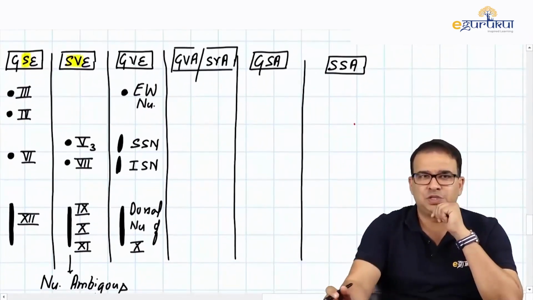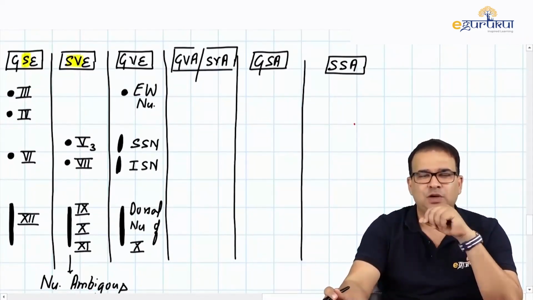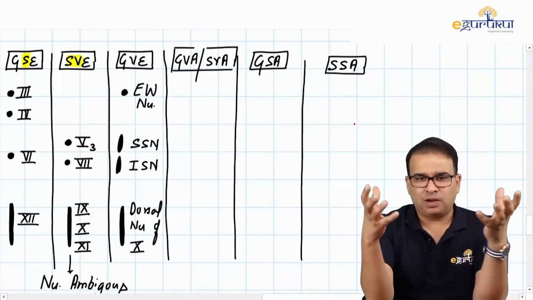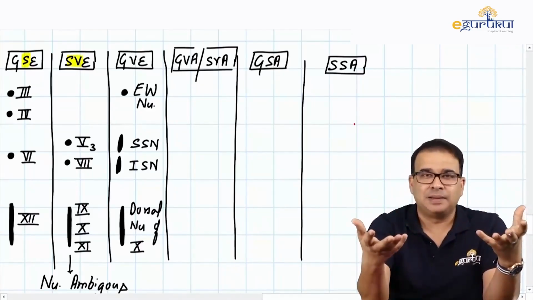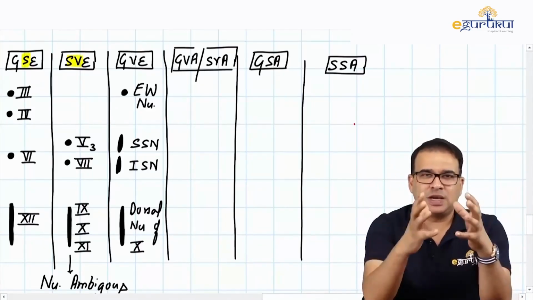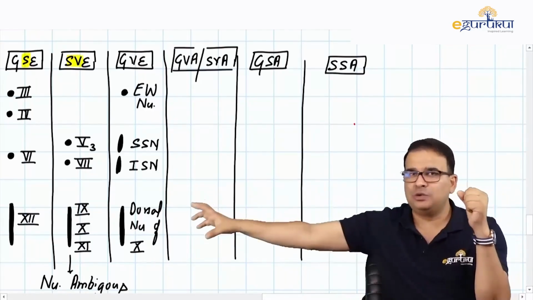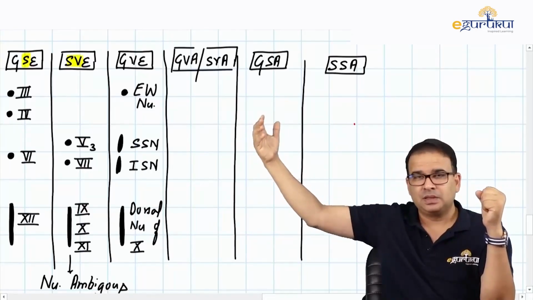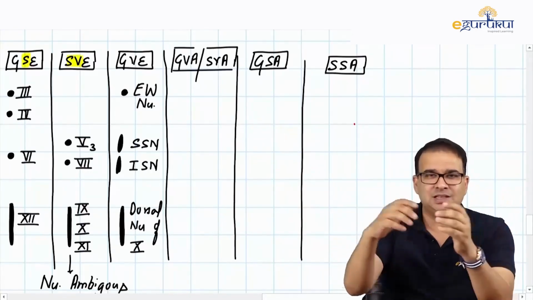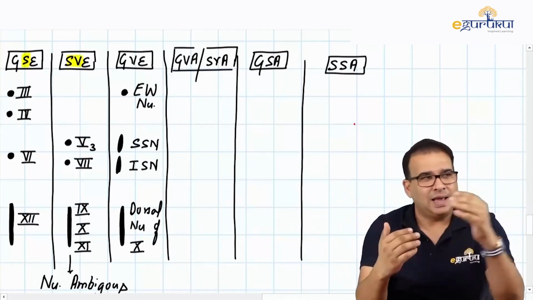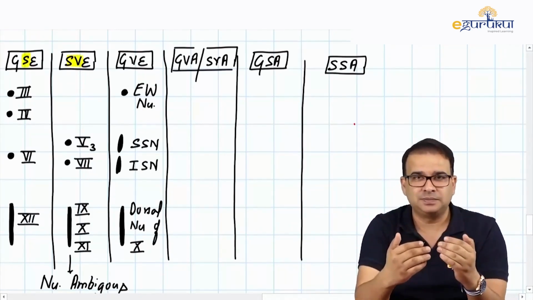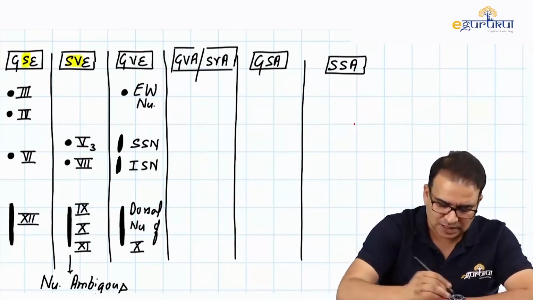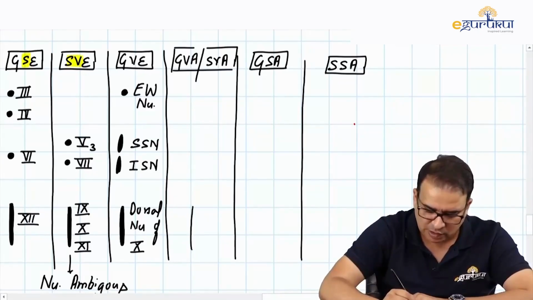The thing which might be bothering a few of you is why we are writing GVA and SVA together, guys. First, look at what exact information it is imparting. When I say GVA and SVA together, that means there has to be some common nucleus which is acting as GVA as well as SVA. That means there must be a nucleus which is carrying the general sensation from the viscera as well as the taste sensation. The speciality of that nucleus is that it is present in the medulla oblongata.